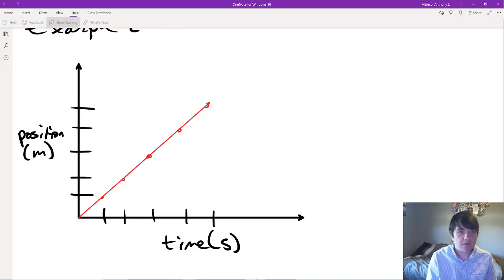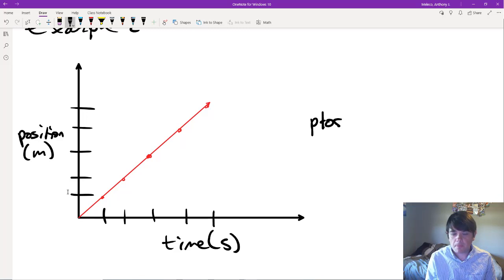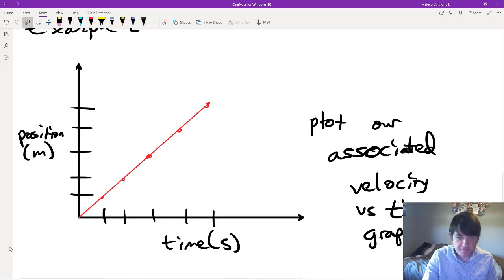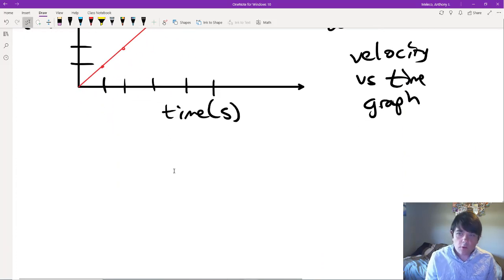If we want to plot our associated velocity versus time graph, let's go ahead and get this going. Let's do our shapes.